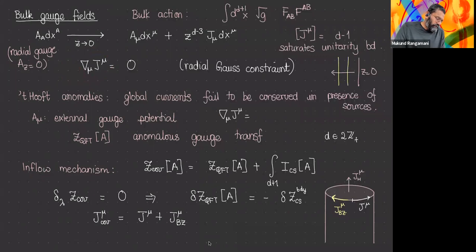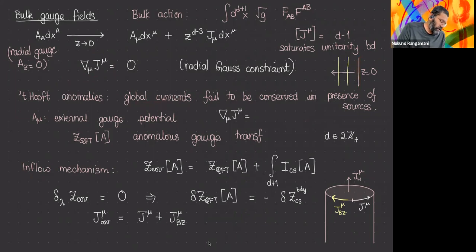One thing I want to point out is that these are global symmetries from the point of view of the boundary. So they could have anomalies. They could have 't Hooft anomalies. And that would typically mean that these global currents are not conserved if you turn on boundary sources.